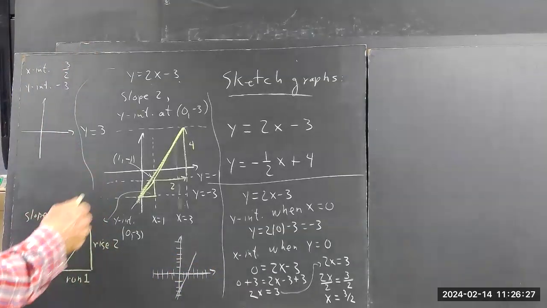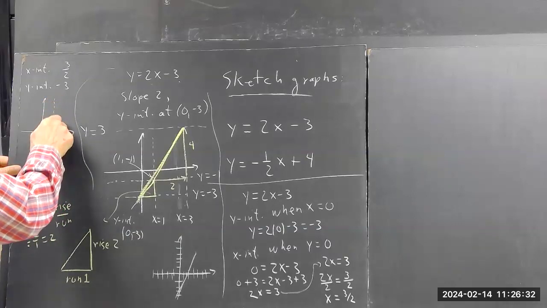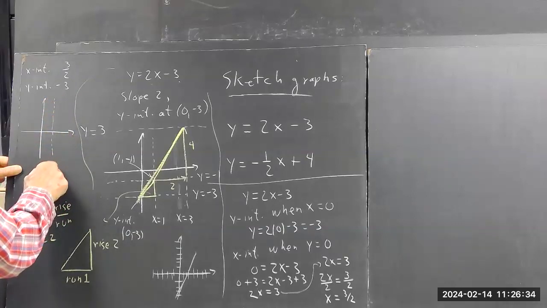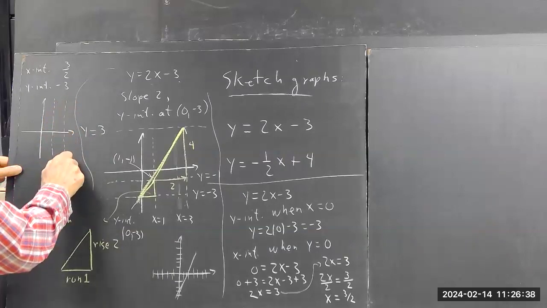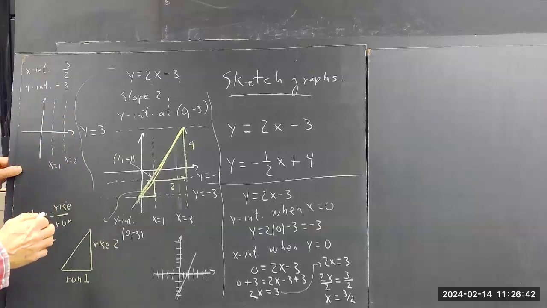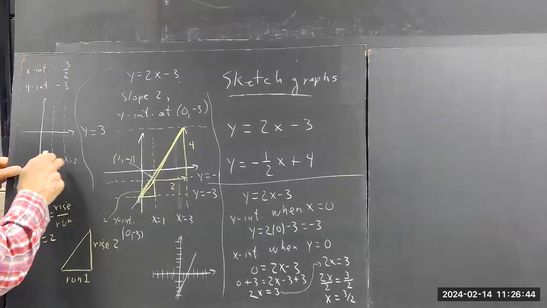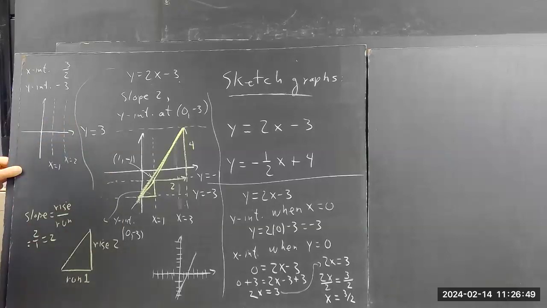But I'm just going to mark where I think x equals 1. I'll put x equals 1 where I want it. And then, of course, x equals 2. And I like using these dotted lines because I can label the x coordinates out of the way, okay?